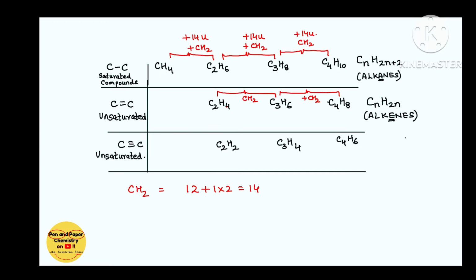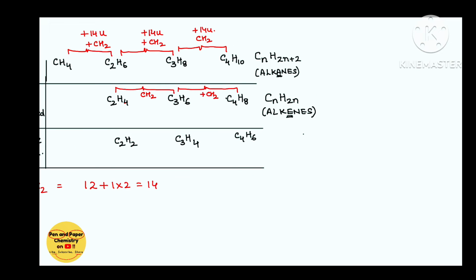Alkenes are hydrocarbons wherein there is a double bond between two carbon atoms. Okay, so what will be the 50th member in this series? Very right. So this is C50H100. Am I right? Because 2 times 50 would be 100. Clear?